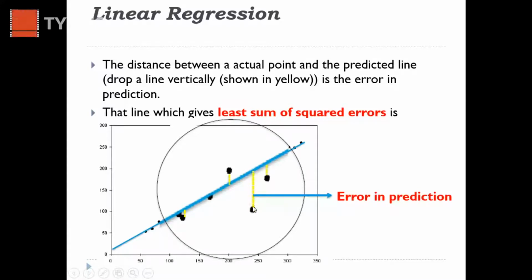So the difference between the actual and the predicted value is nothing but the error in prediction. So what we do here is we calculate the error in prediction for each and every data point present in the data set, and then we calculate the sum of the square of these errors, which basically means the sum of squared errors here.